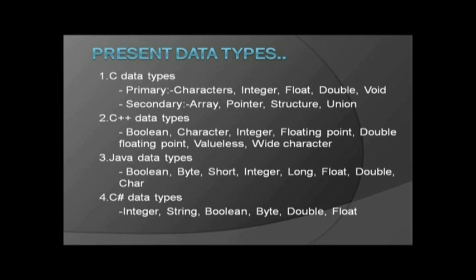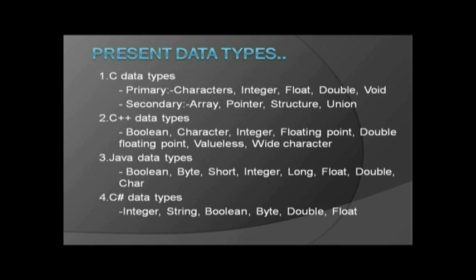C data types. In the C programming language, data types refer to an extensive system for declaring variables of different types. It is divided into 2 main types, which are primary and secondary. Examples for primary data types are character, integer, float, double, and void.